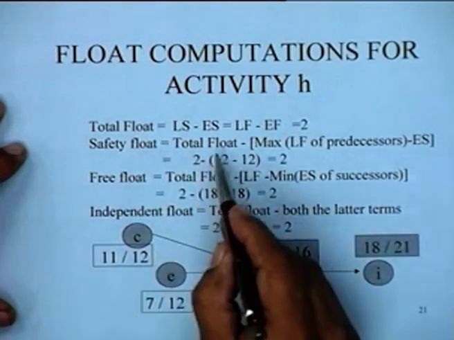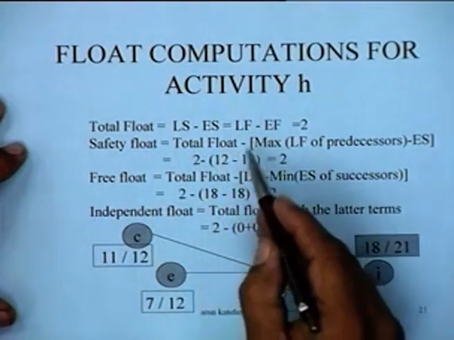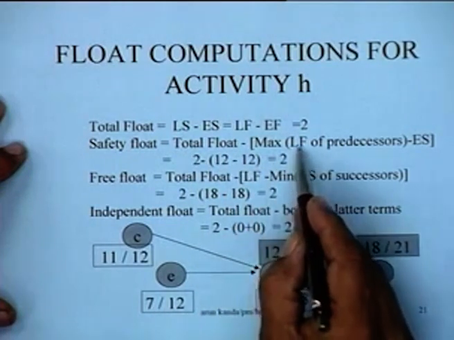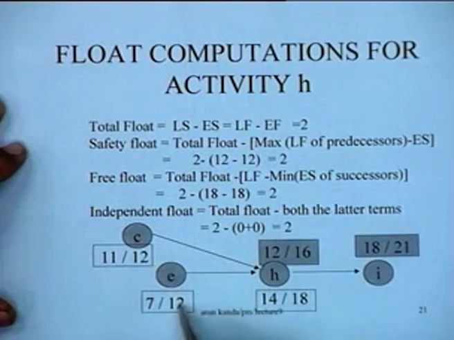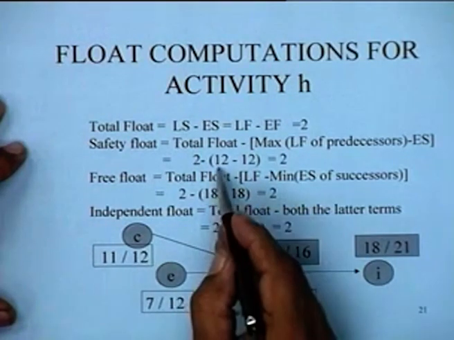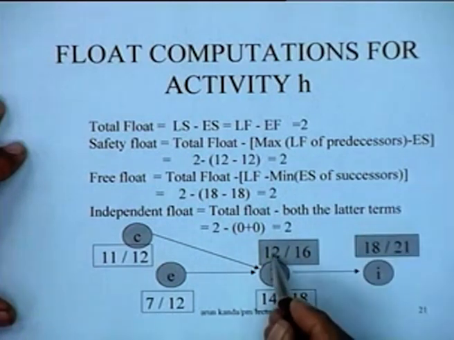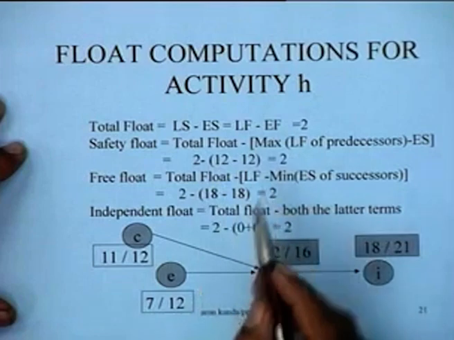When you are computing the safety float, you have to take from the total float the maximum of the latest finish of predecessors. The latest finish of predecessors is 12 and 12. You take the maximum of that, which is 12, minus the early start of the activity, which is 12 itself. So you get this particular value.